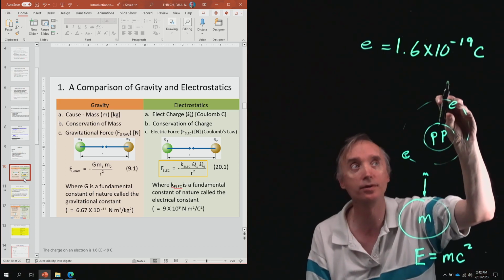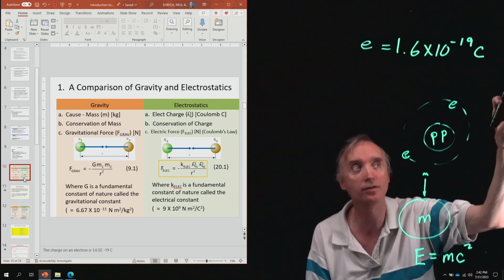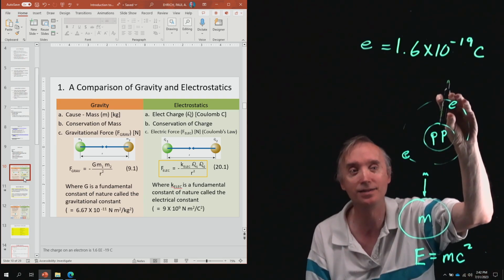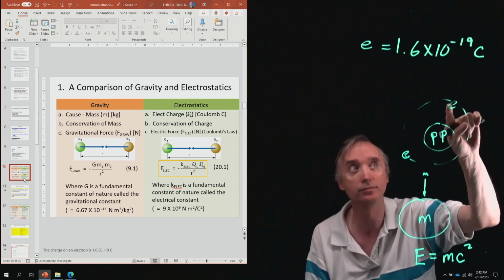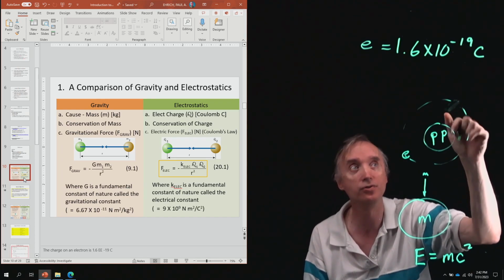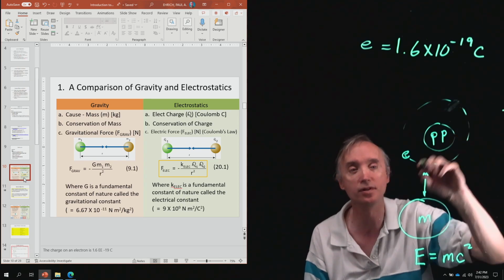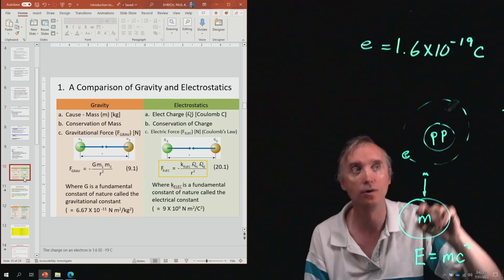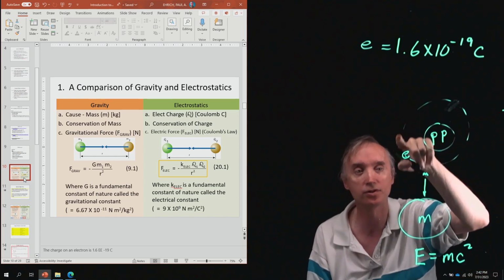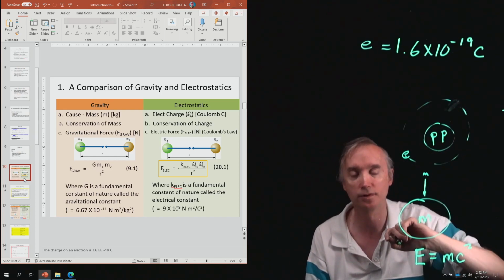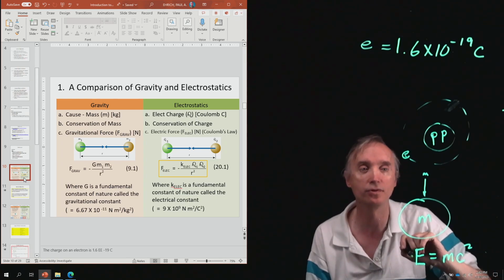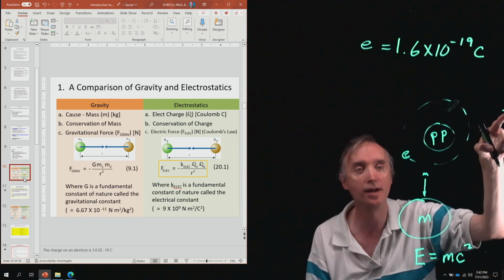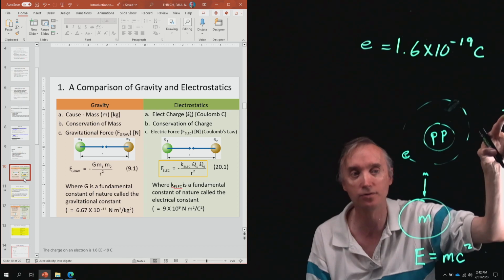Now, what would happen if you took one of these electrons, one of these negative electrons, away? Could you predict, using conservation of electrical charge, what would now be the charge on this thing here? So it was electrically neutral. We removed a negative electrical charge.